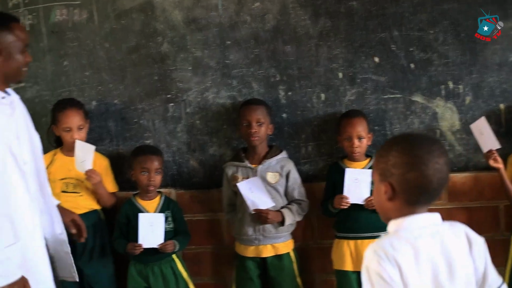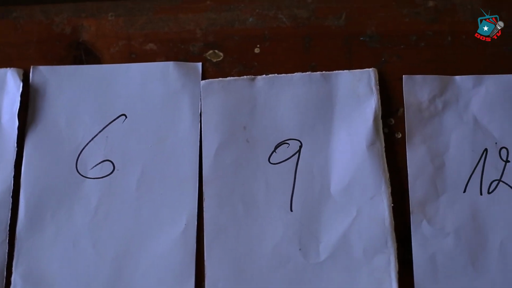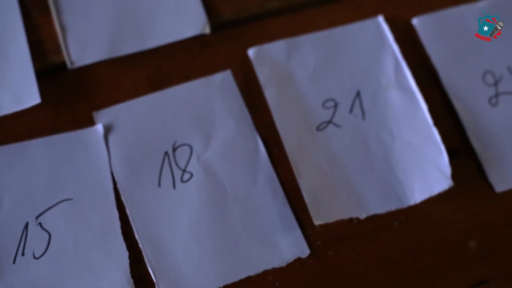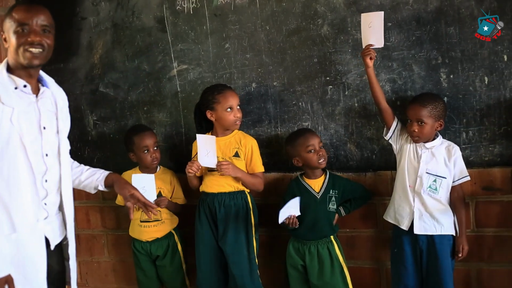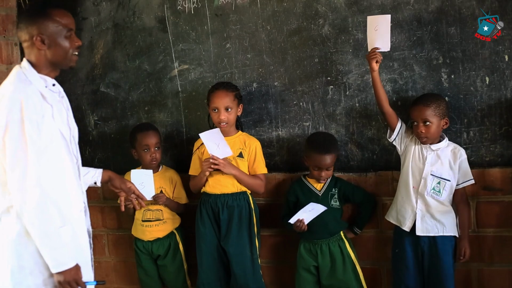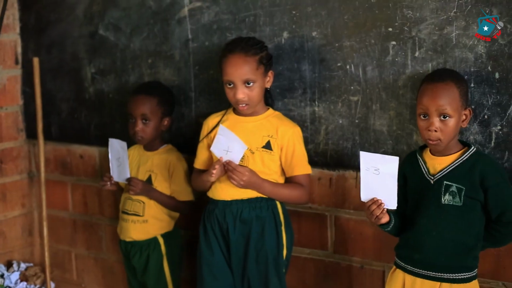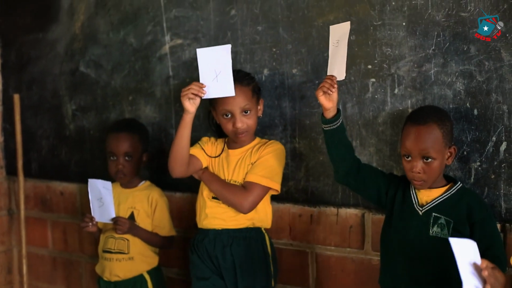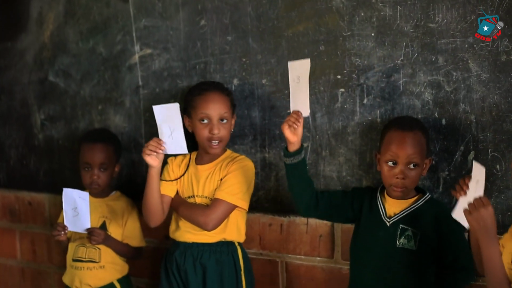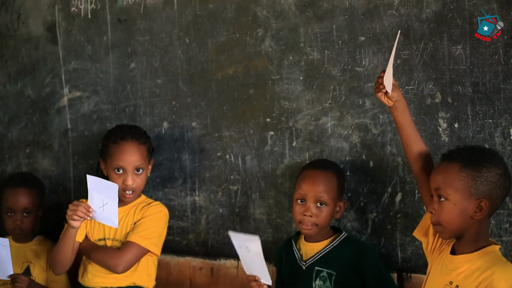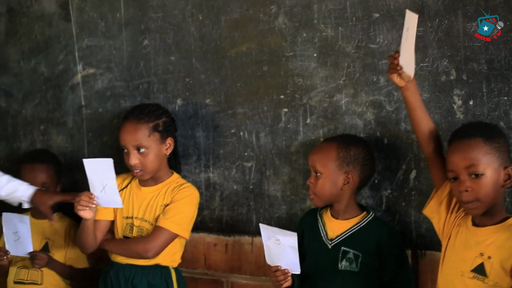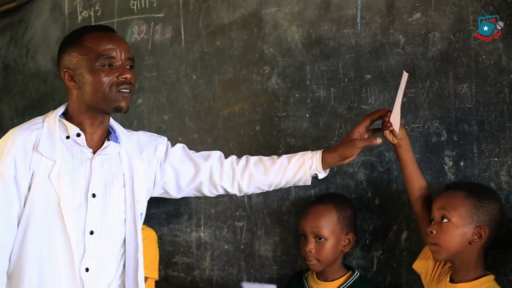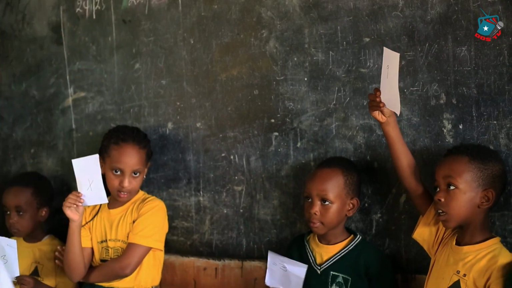Gigi. Show us the answer. Please show us the answer. It means that 3 times 3 equals 9.